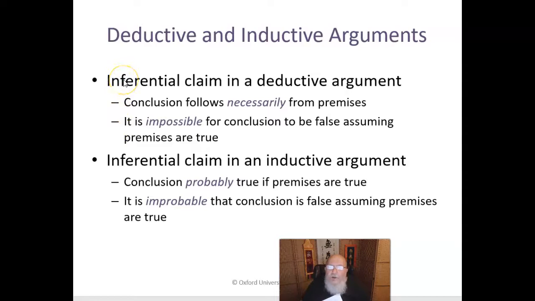We have an inferential claim and a deductive argument. The conclusion follows necessarily from the premises, and it's impossible for the conclusion to be false, assuming the premises are true. But if we consider an inferential claim and an inductive argument, the conclusion is probably true if the premises are true, and it's improbable or unlikely that the conclusion is false, assuming the premises are true.